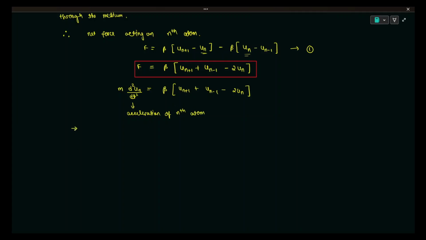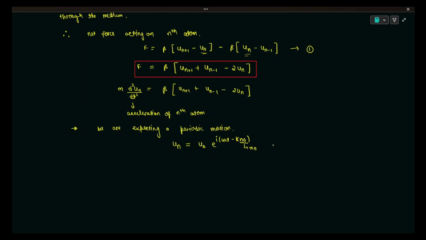So therefore in this situation we are expecting a periodic motion. So let's assume that the solution of this above differential equation is some periodic function which is defined as u_n equals some amplitude u naught times exponential of iota (omega t minus k n a), where n a is nothing but x_n.